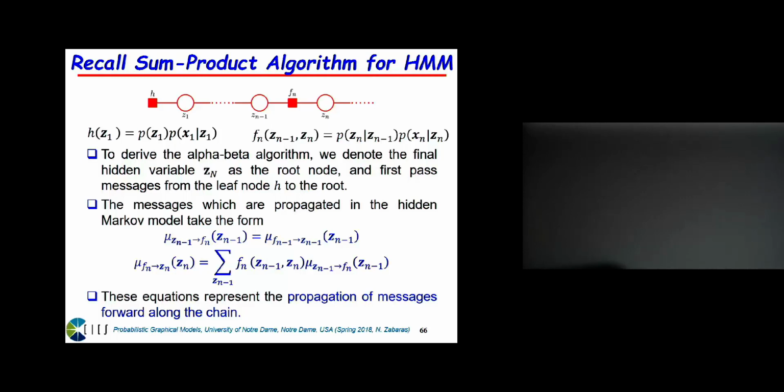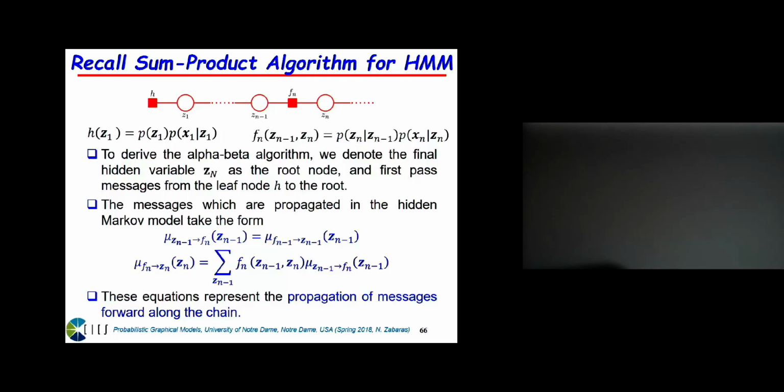So keep that in mind. It looks like a chain, but in reality we have accounted for both probabilities in one factor. And similarly for the first factor, H is the probability of the initial state and the observation model in the initial state.